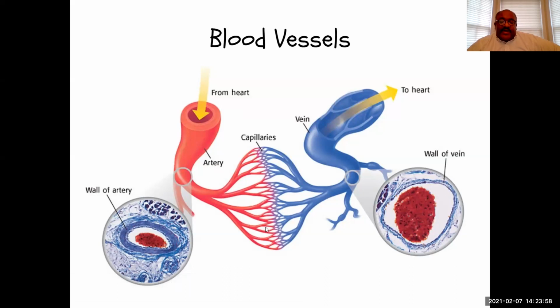It's where the CO2 dissolves from the blood, from the capillaries back into the lungs, and you breathe it out. And then the oxygen dissolves across the membranes of the capillaries, and it's picked up by the red blood cells.